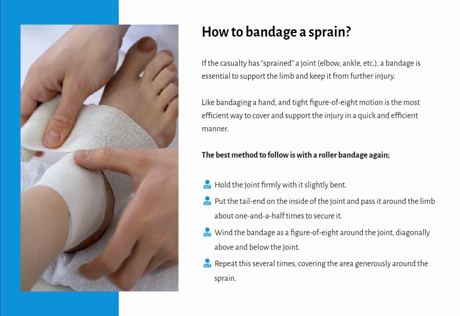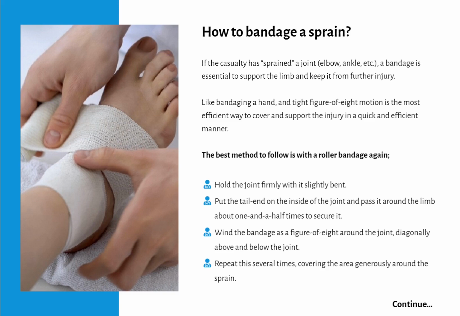Hold the joint firmly with it slightly bent. Put the tail end on the inside of the joint and pass it around the limb about 1.5 times to secure it. Wind the bandage as a figure of 8 around the joint, diagonally above and below the joint.